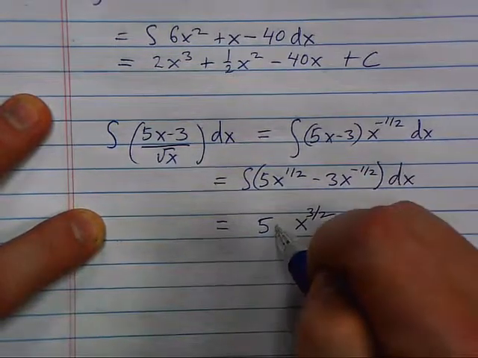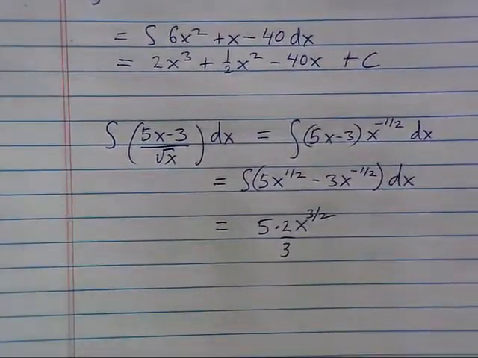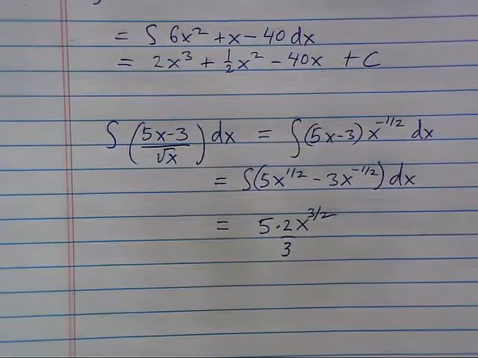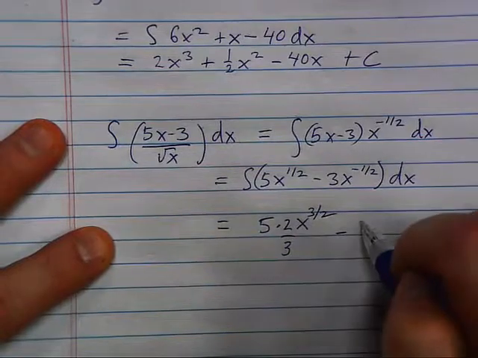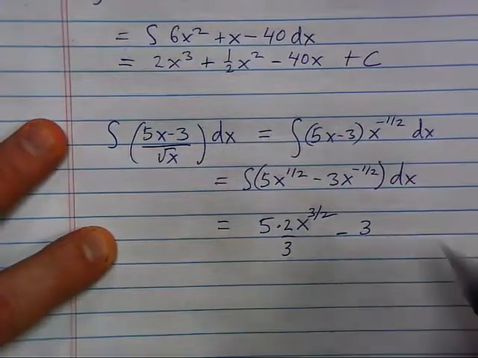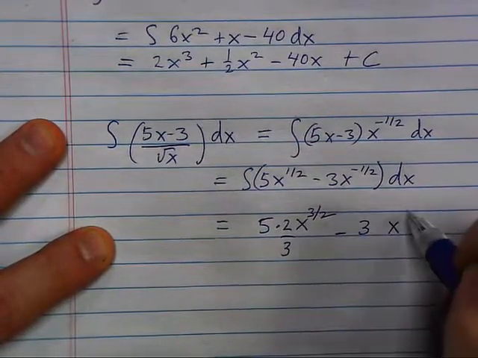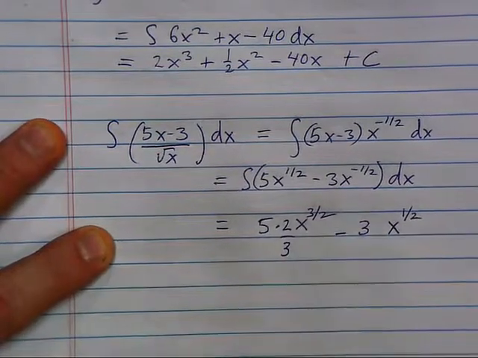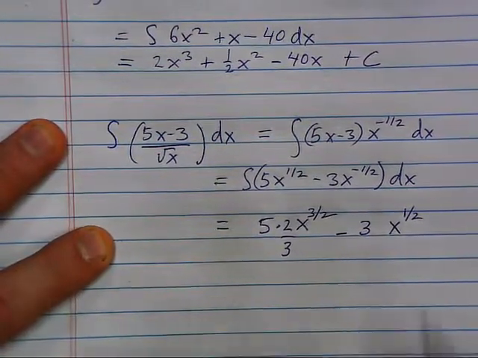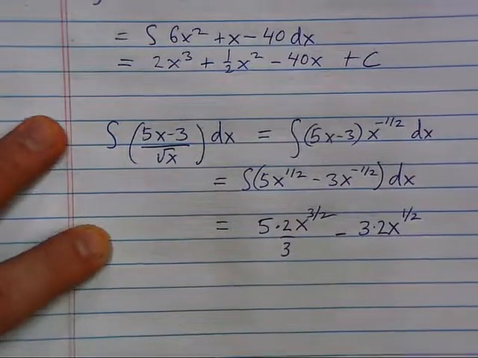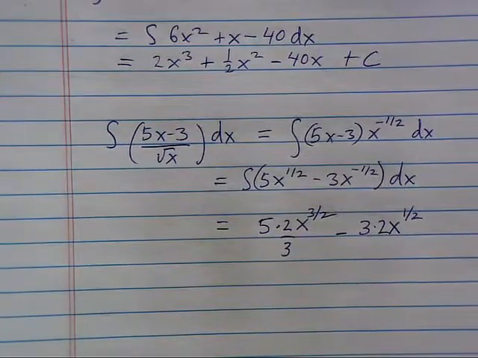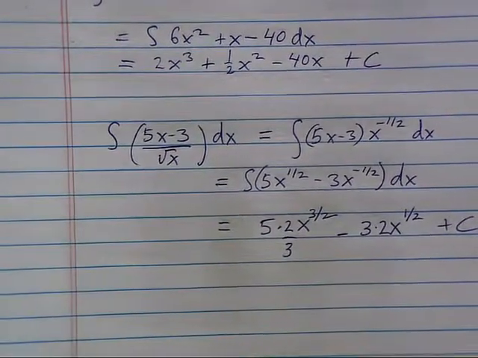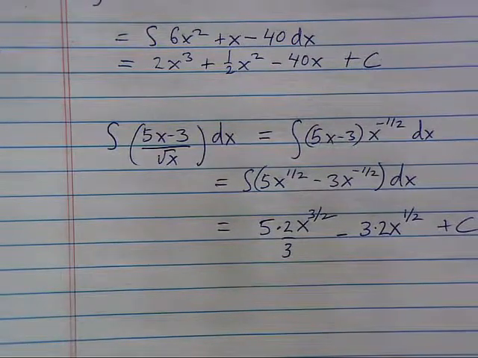Flip and multiply by 2/3. All right, so that's where these get a little bit harder when you start having to deal with fractions. Minus 3 x to the what power? What's negative 1/2 plus 1? 1/2. Divide by 1/2. Dividing by 1/2 is the same as multiply by 2. Plus c. Very good. Don't forget the plus c. There's a plus c on the end.